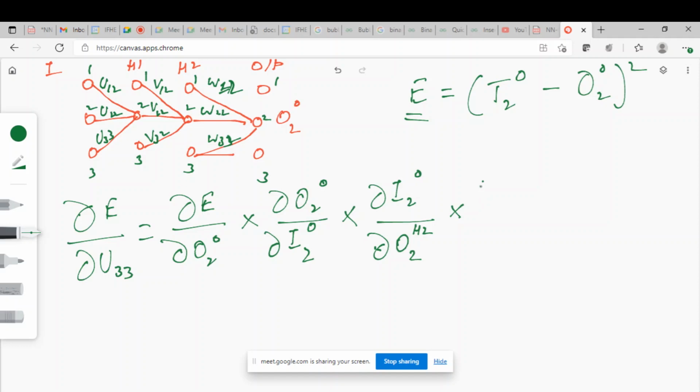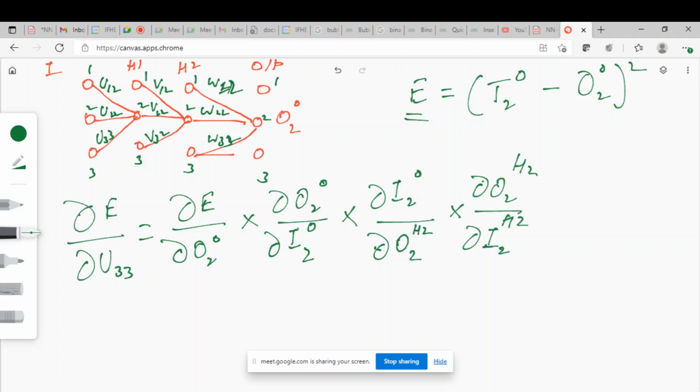Now again this output depends on what? Tell the equation. Why H1? See, always every node's output depends on its own input.